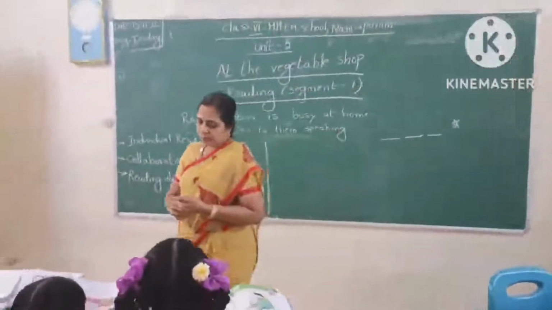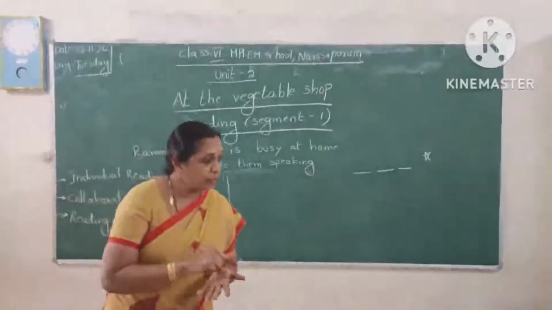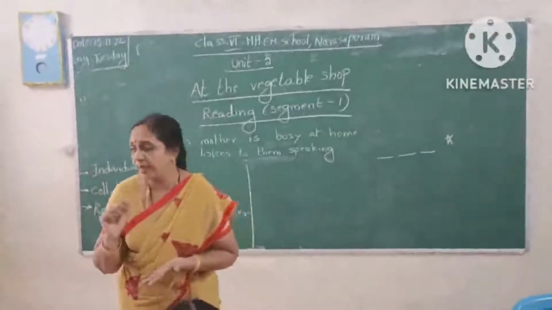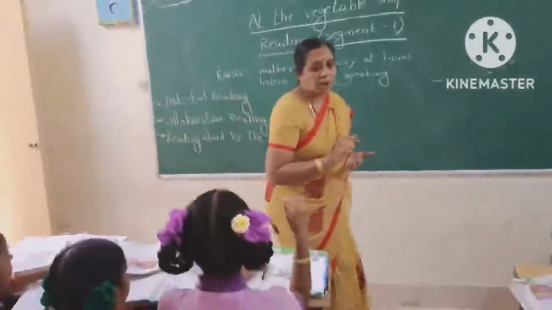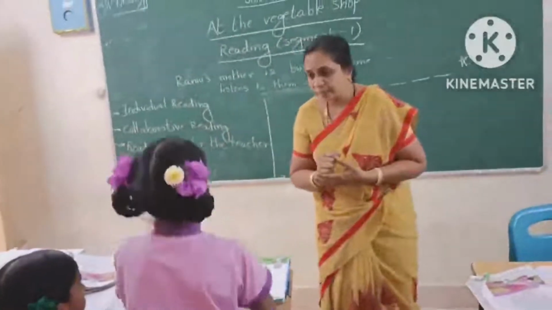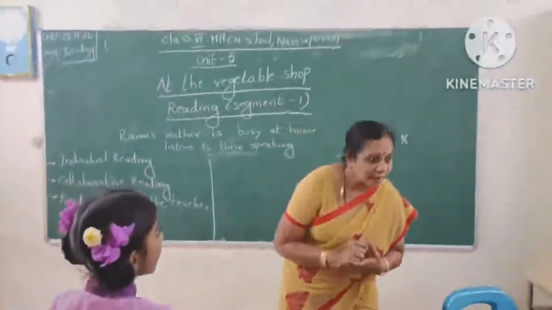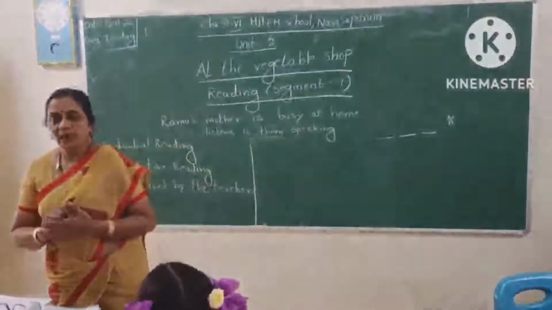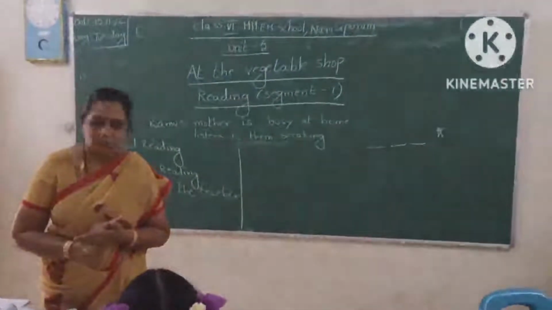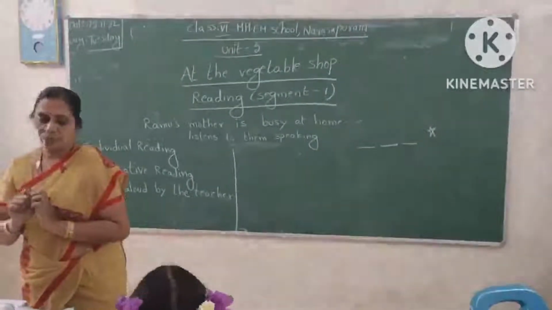Very good. Did Ramu go to the shop with his parents? No, he went alone. Very good, children. Now you understood the paragraph, no? Yes, ma'am. Now did you learn how to read that paragraph? Yes, ma'am. Good, children.